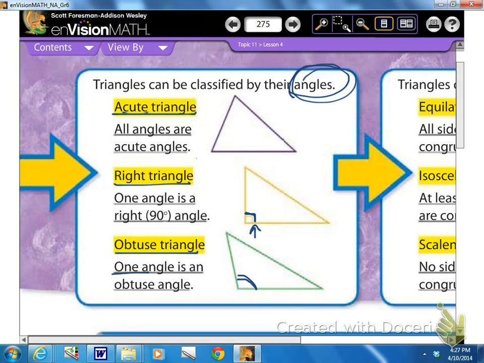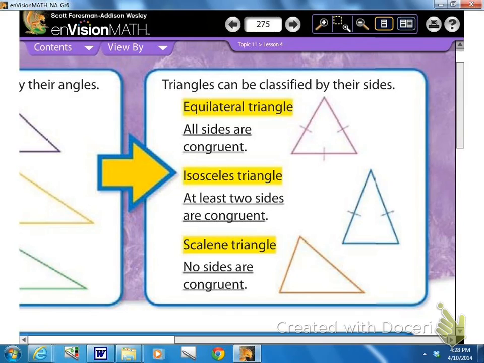You'll be classifying these triangles by angles and their sides, so you need to know both. Here it shows how triangles can be classified by their sides. So we have equilateral triangles, which are shown with their hash marks here to show that all these sides are the same length, or all sides are congruent. That's an equilateral. All sides are equal.